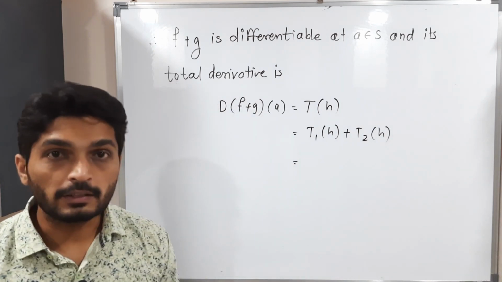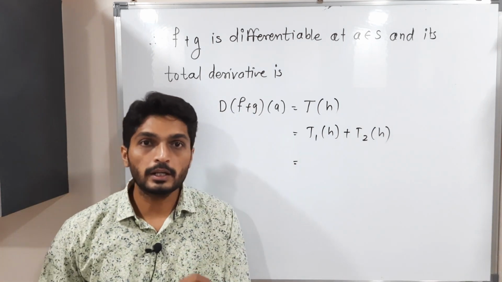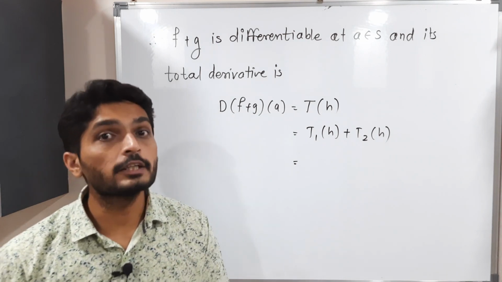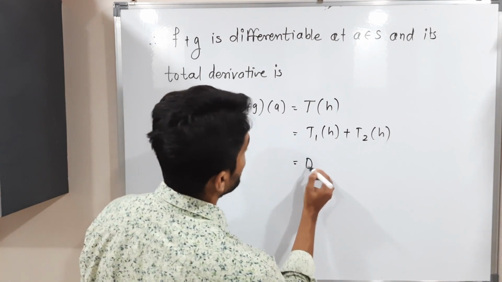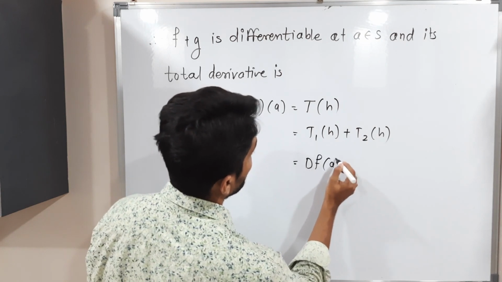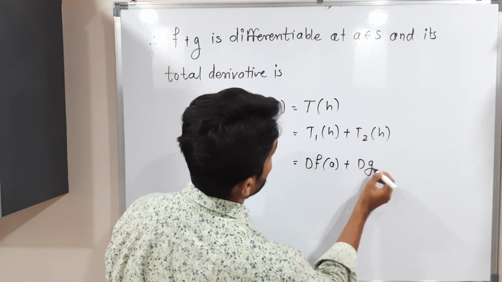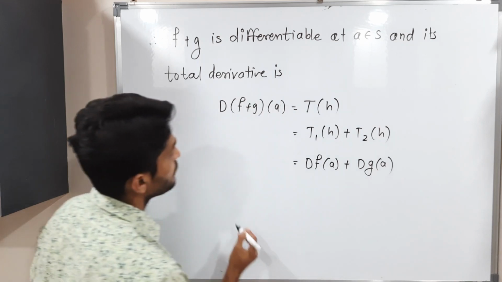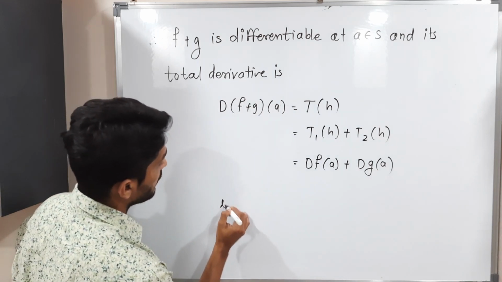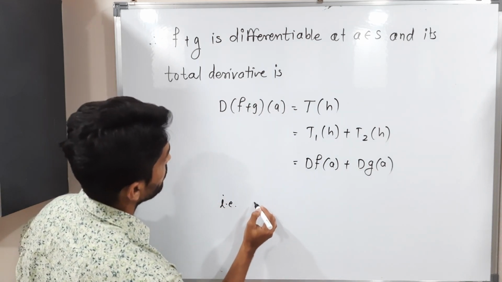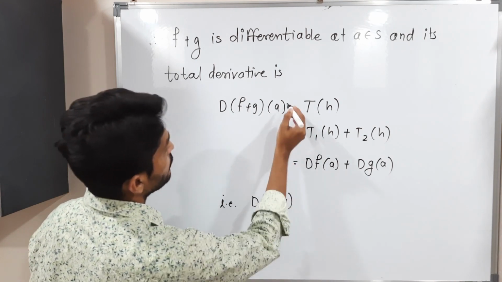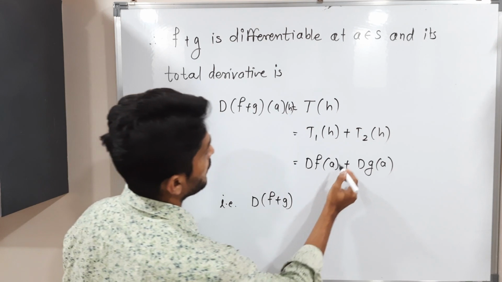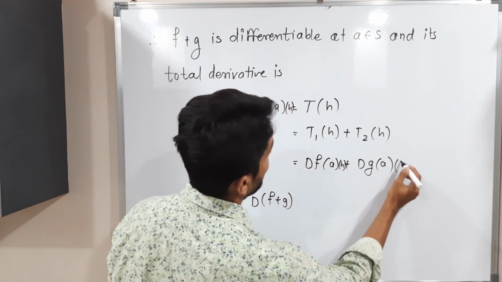You remember that t1 means the total derivative of function f and t2 means the total derivative of function g. So this is nothing but d f of a plus d g of a. Actually we are supposed to write h here and here, of h and of h.